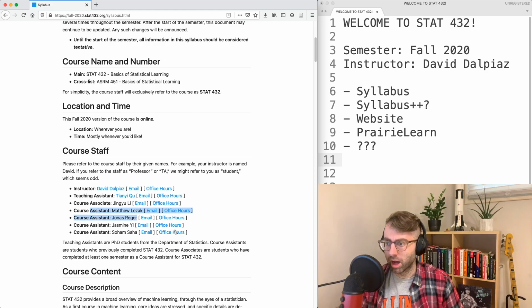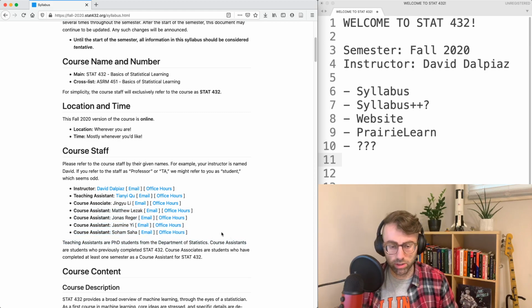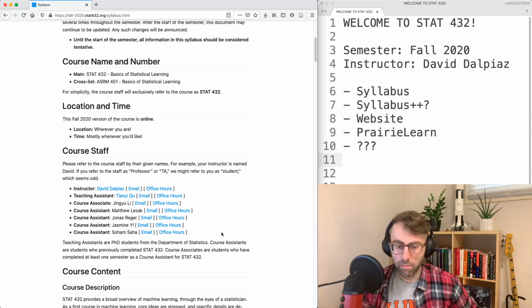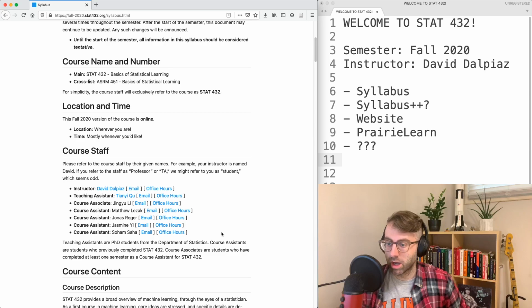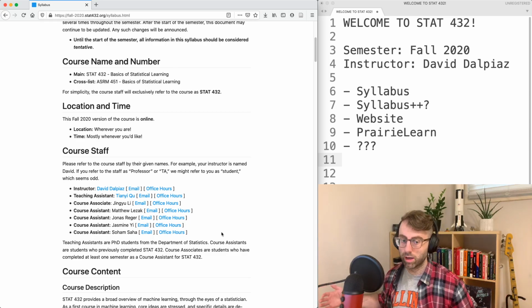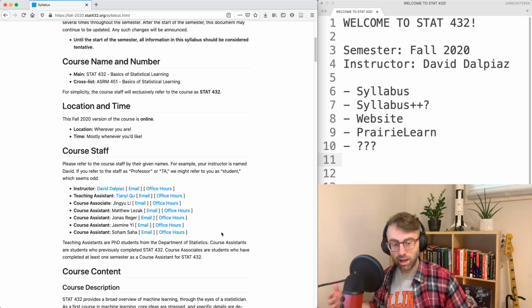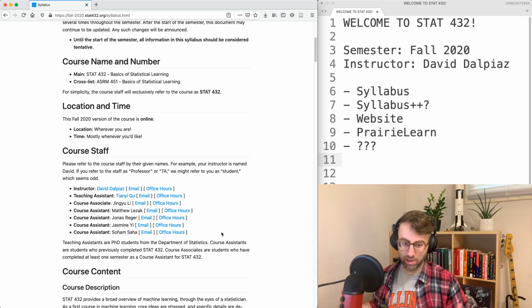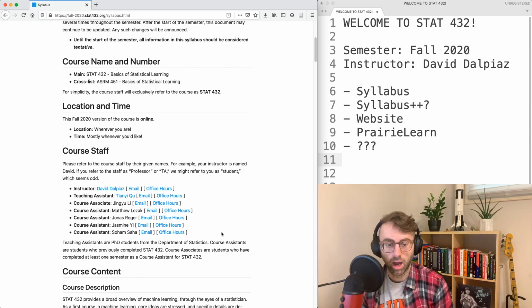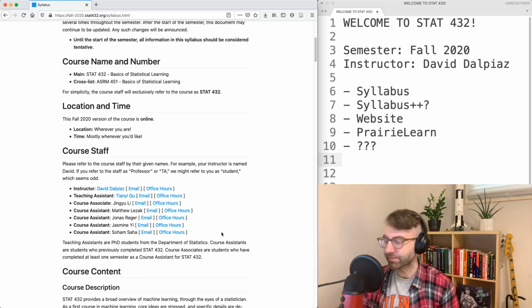And then a new set of course assistants. These four are former Stat 432 students. I believe they're all from last semester, so they really know what's going on in this course. Hopefully you'll get to meet everyone along the way. Depending on what side of the globe you're residing on, you might see some of us more than others based on the times that we have office hours, but more on that later.